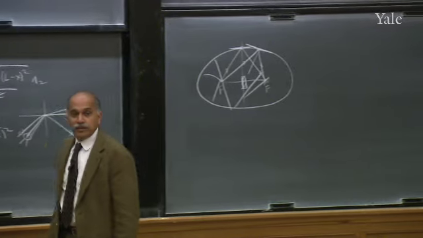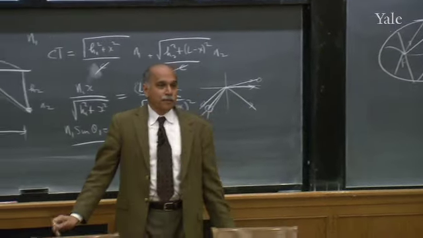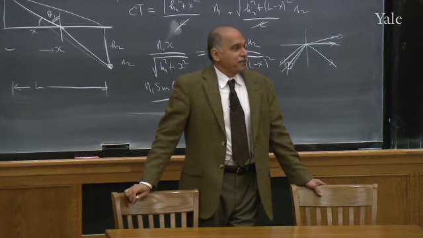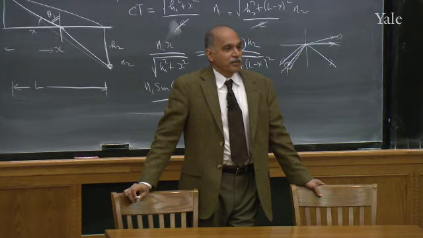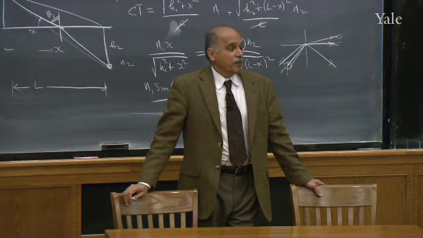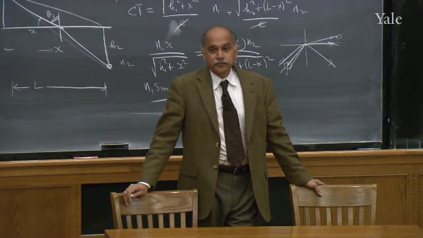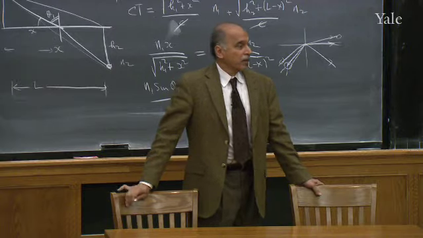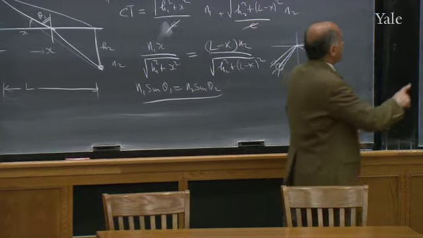So why is that? Pardon me? That's the definition of an ellipse, but why that definition? If you follow the principle of least time, why should that also work? I know this path is a path of least time because it obeys I equal to R with respect to this mirror.